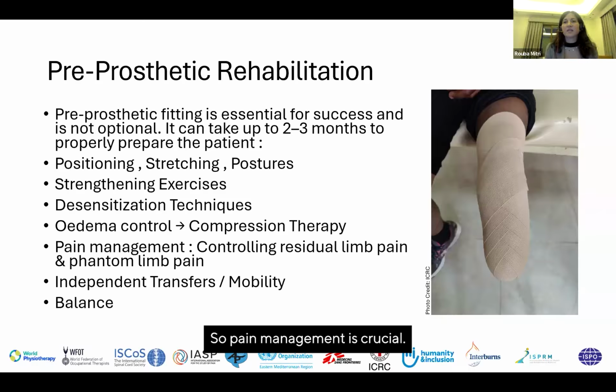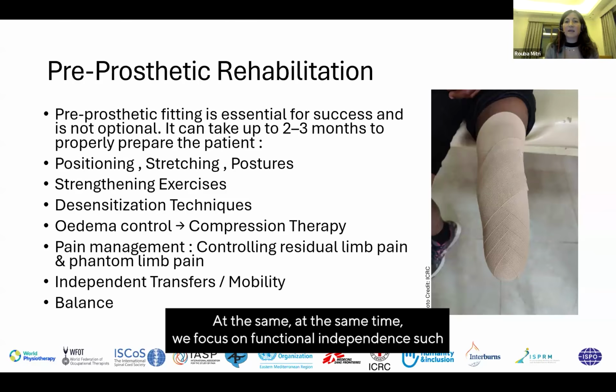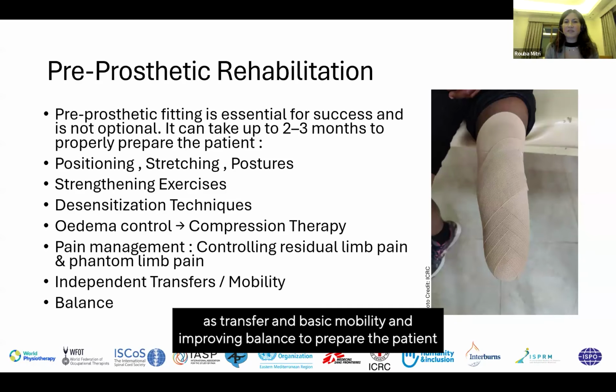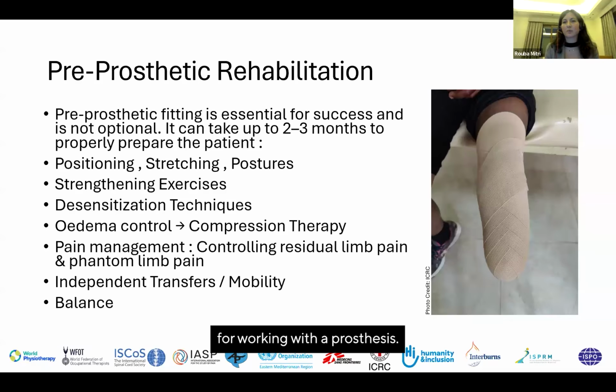So pain management is crucial. At the same time, we focus on functional independence, such as transfer and basic mobility, and improving balance to prepare the patient for walking with a prosthesis.